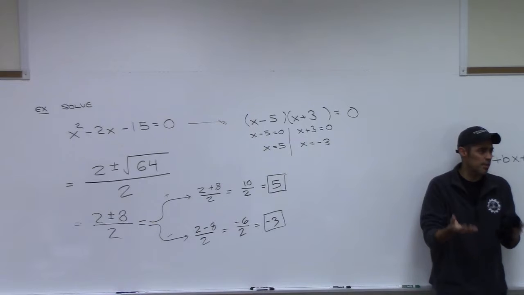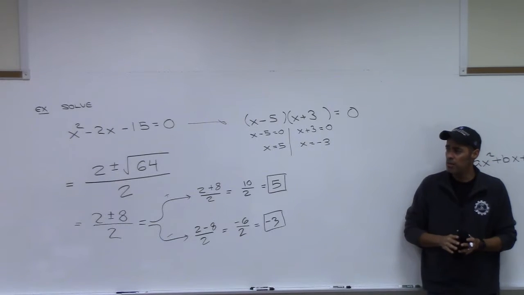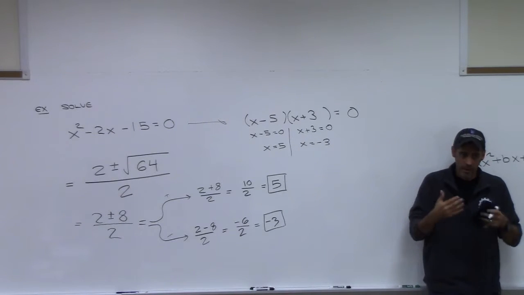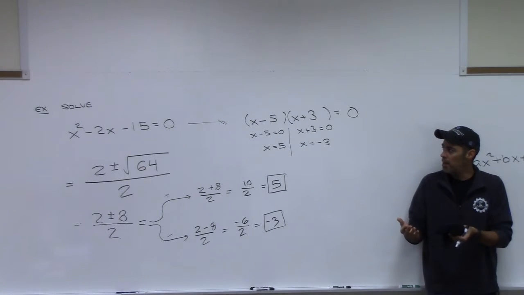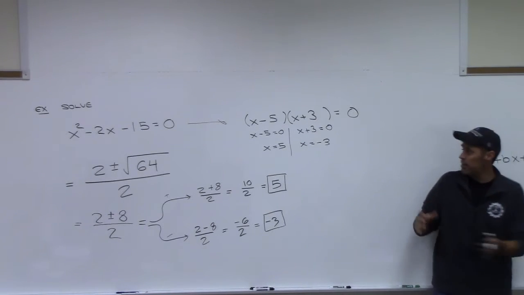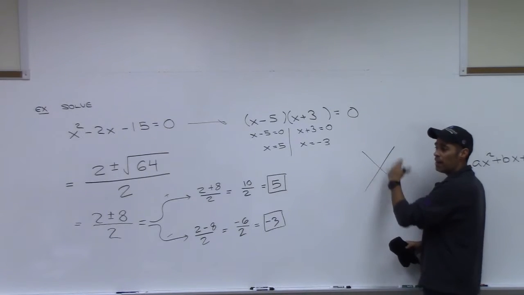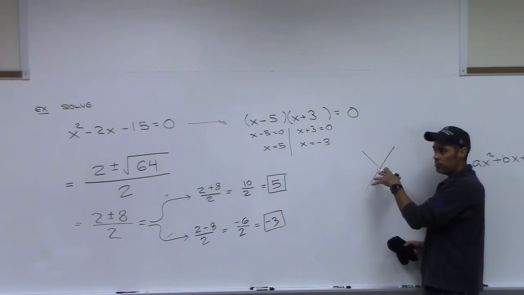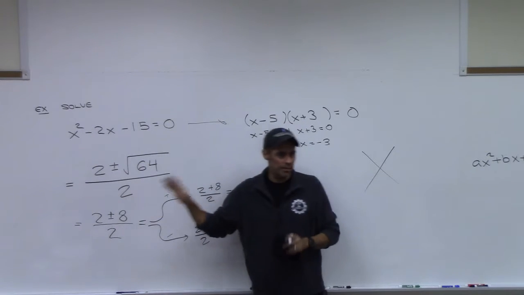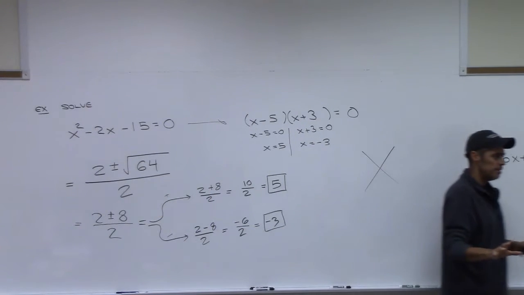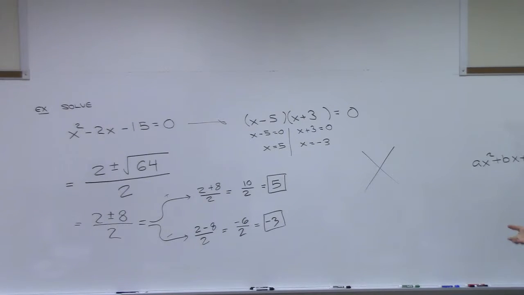On a test, when I say solve a quadratic equation, if you can factor and you're comfortable with that, do it, right? It might be faster. But if all else fails and you try the AC method and you can't figure out what's going on here on this table, then you can always fall back to the quadratic formula. It's always there for you. Understand? So I leave it up to you to figure out which way is the most efficient way for yourself.